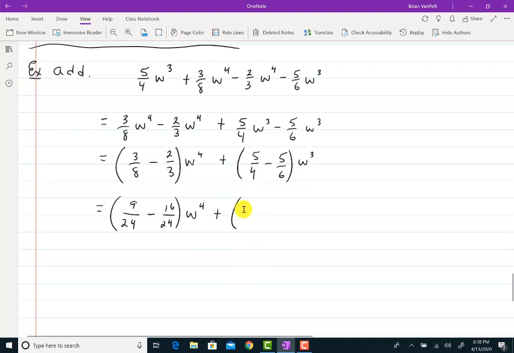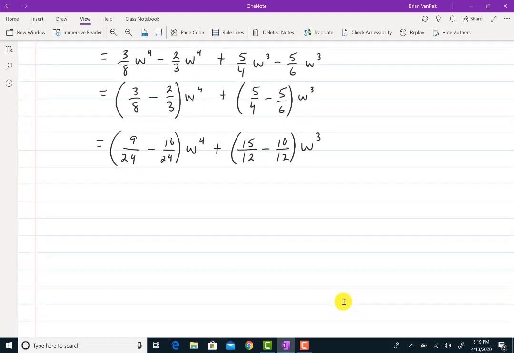Now for these, the LCD of 5/4 and 5/6 is 12. So I'm going to rewrite the 5/4 over 12. That would be 15 over 12. And the 5/6 over 12 would be 10 over 12. And that's attached to w to the third.